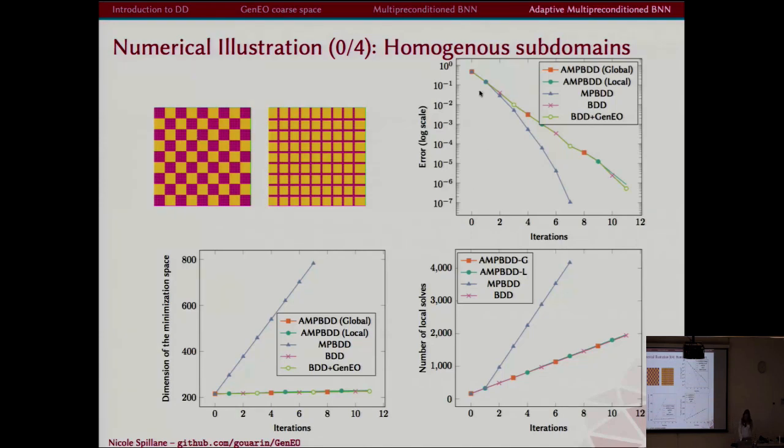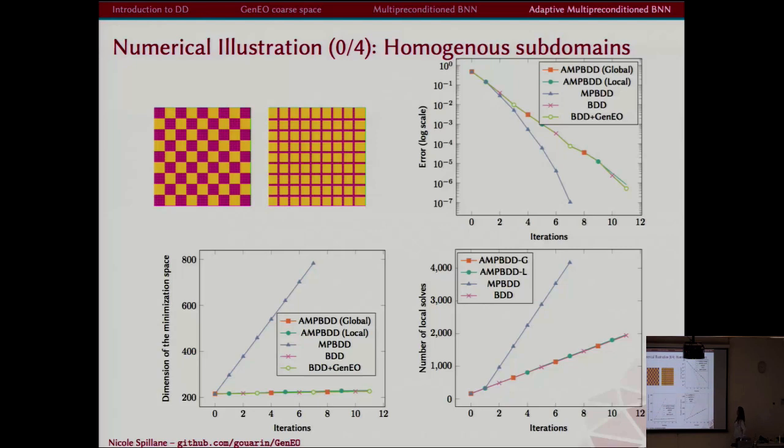For all methods, convergence is very fast, including the usual BDD methods. What I'm checking for here is that in the methods that are adaptive, where I choose either a coarse space or what kind of iteration I do, the algorithm is recognizing the fact that the problem is already easy and it is not doing more work than needed.